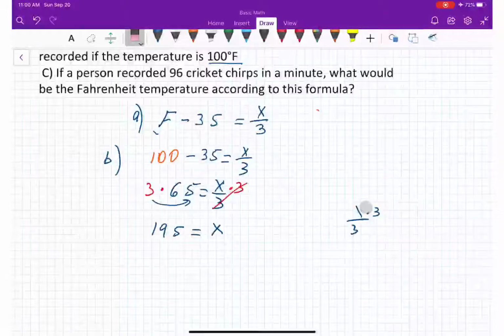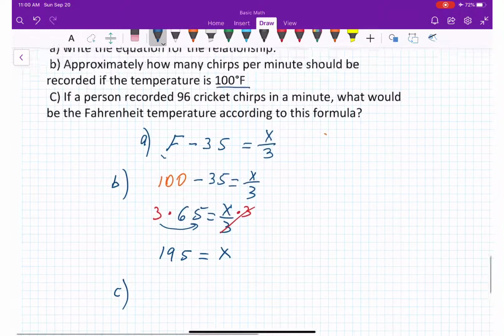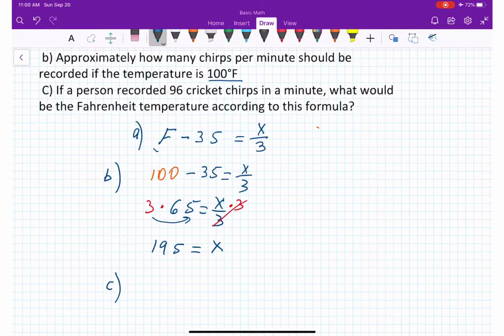Okay? Next one, moving to C. If a person recorded 96 cricket chirps in a minute, what would be the Fahrenheit temperature?